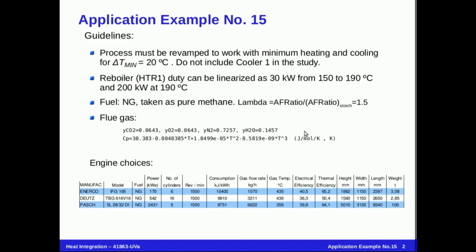This and the heat capacity as a function of the temperature is given to us in order to calculate the mass flow rate of the flue gases. We have also three engine choices, one Enerco, one Deutsch and one Past engine, with the details.